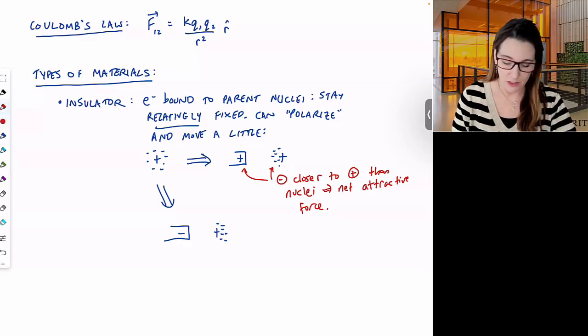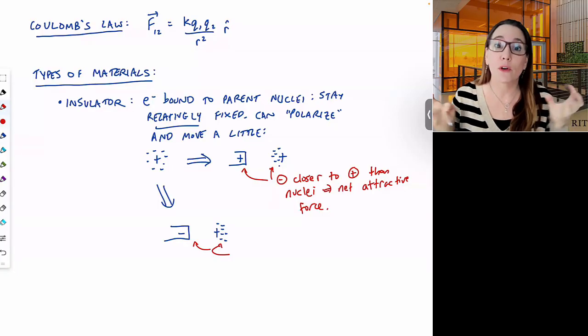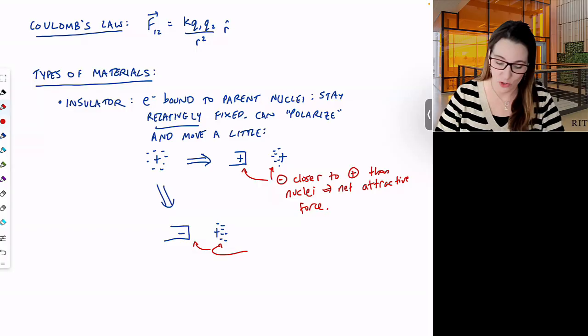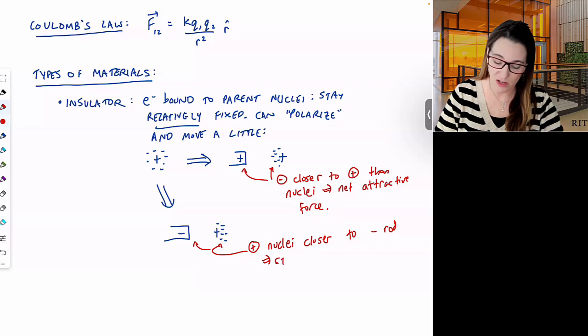And what we see is that the force of attraction between the positive nucleus and the negative rod is going to be stronger, because the nucleus is closest. So the positive nucleus is closer to the negative rod, and so we still get a net attractive force.